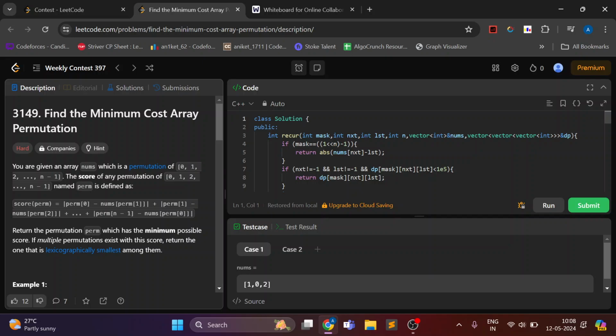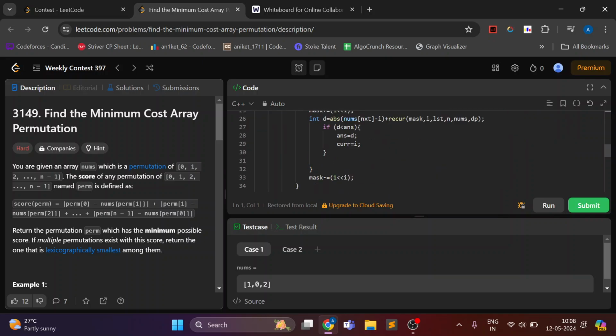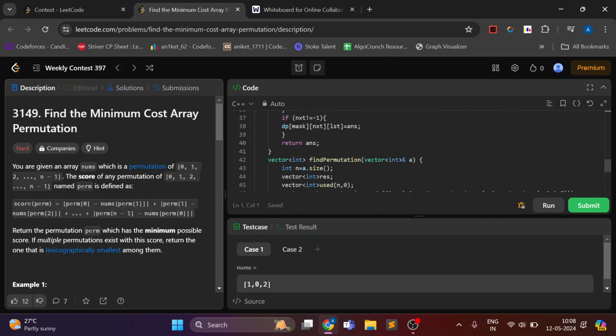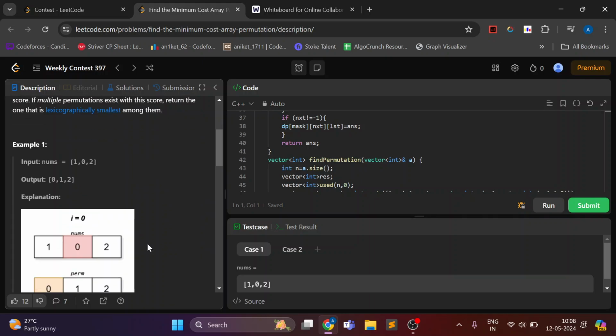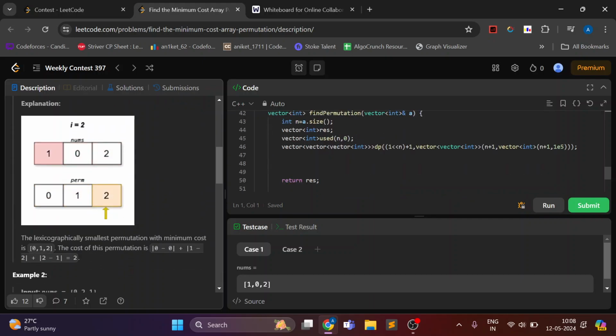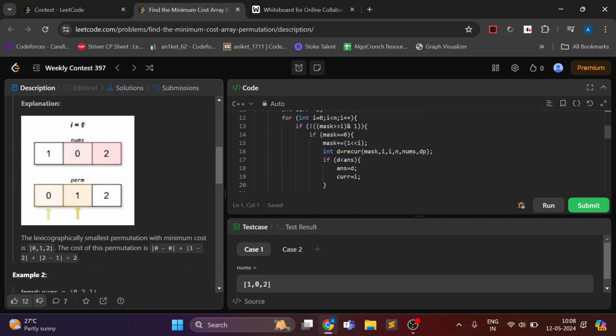I kind of solved this question, but I couldn't backtrack. I had to print a vector here and I was facing issues backtracking that vector.